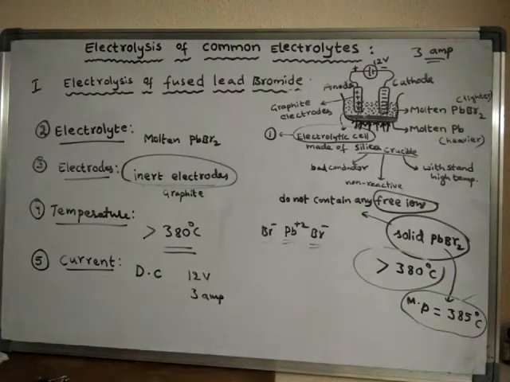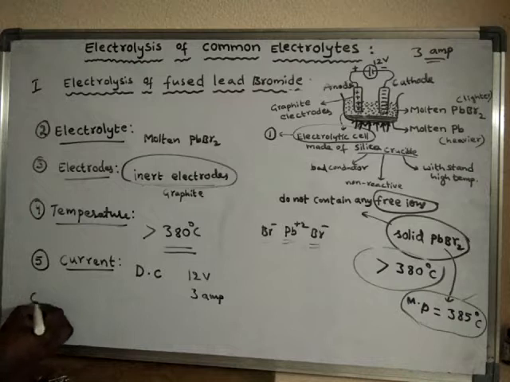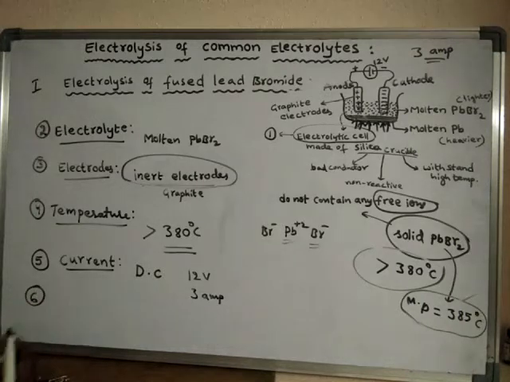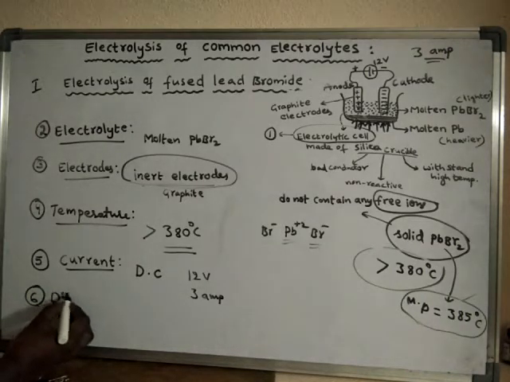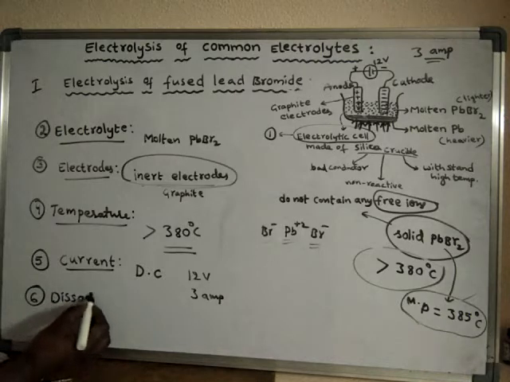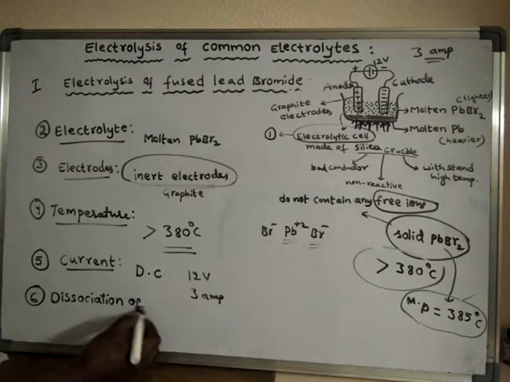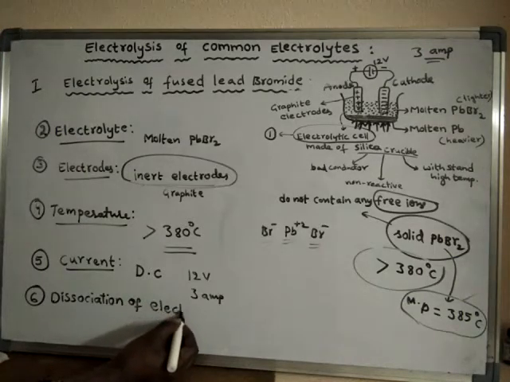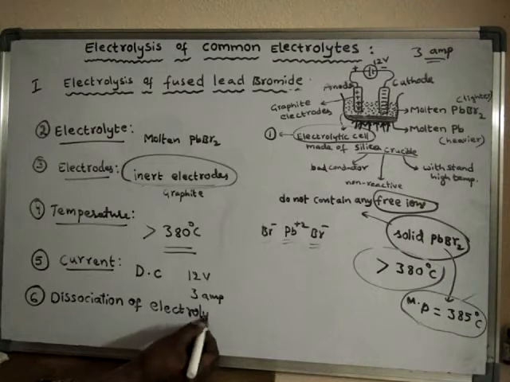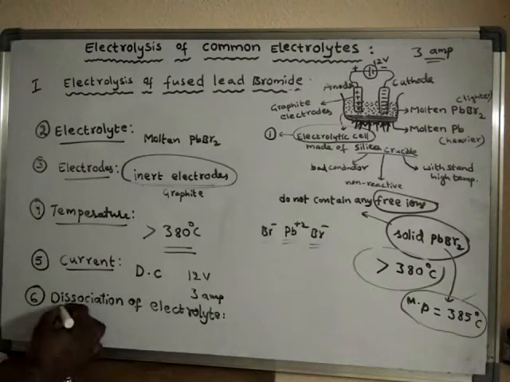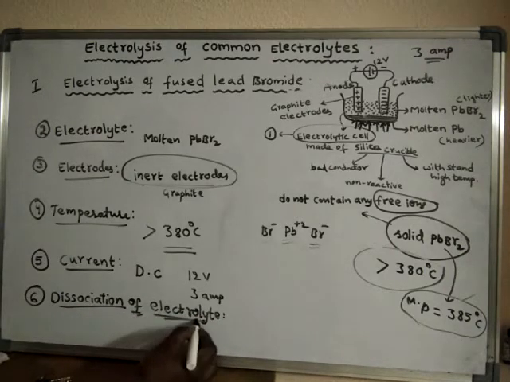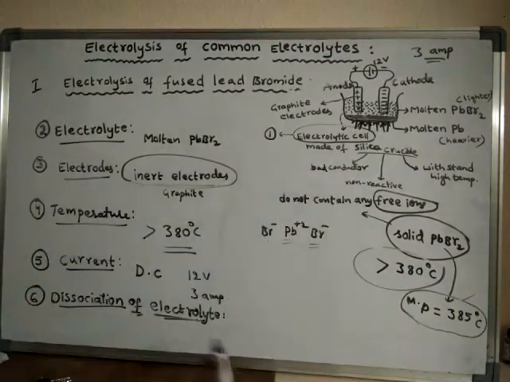Next, dissociation of the electrolyte. This molten lead bromide will dissociate.